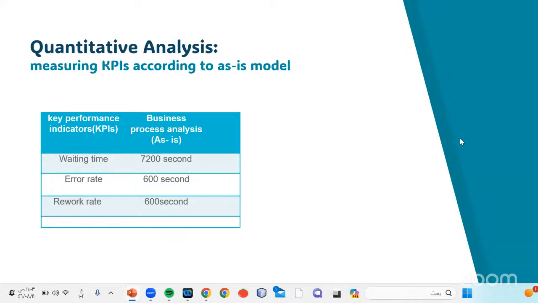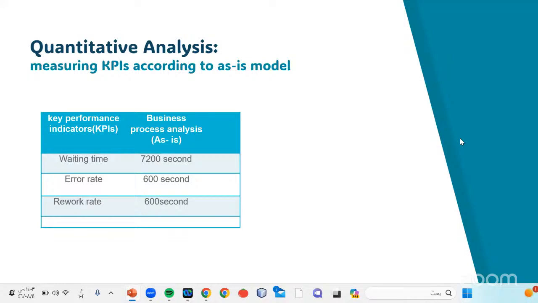This represents how long items or tasks are delayed in the warehouse. A long waiting time suggests inefficiency in workflow, which can lead to slower operations and customer dissatisfaction.